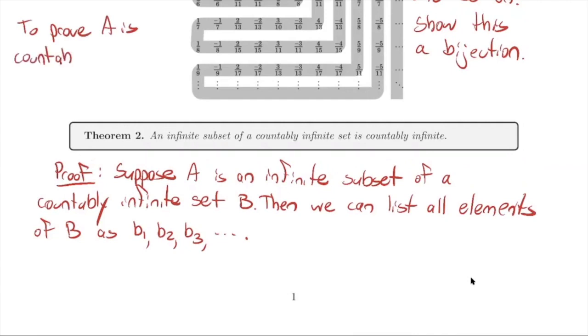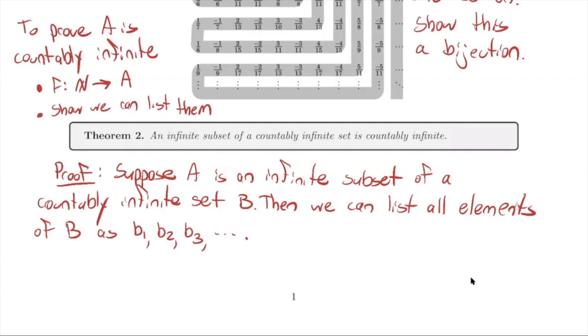So to prove that a set is countably infinite, we can either construct a bijection from the natural numbers into A, or we can use theorem 1 now and show that some ordering exists.